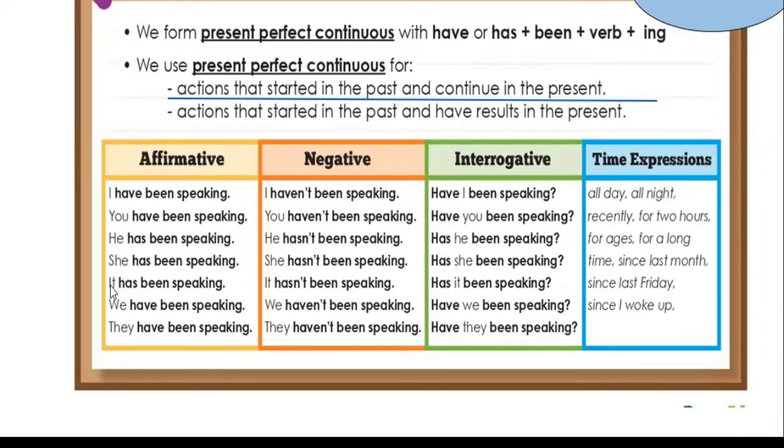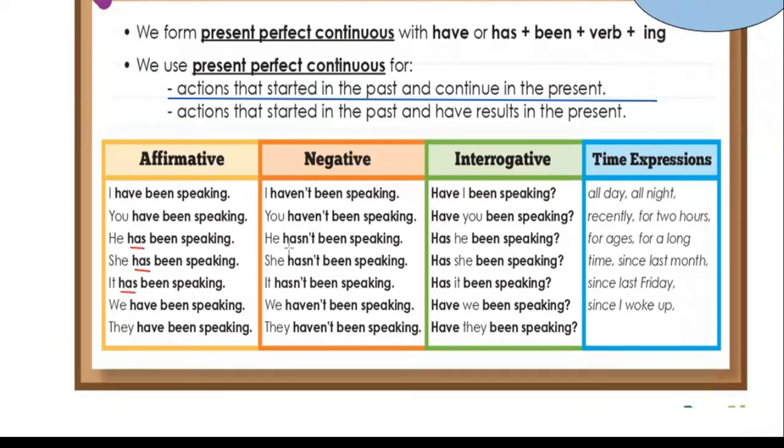Okay. Have is for I, you, we, and they, right? Okay, if you want, you can underline has in here for you to remember that. We can underline these words.